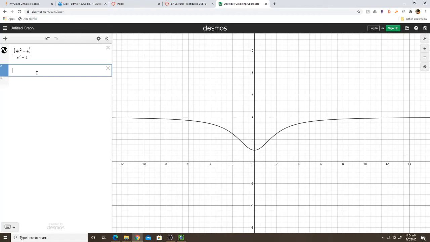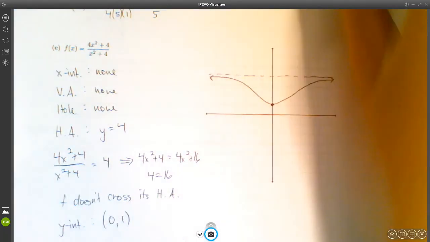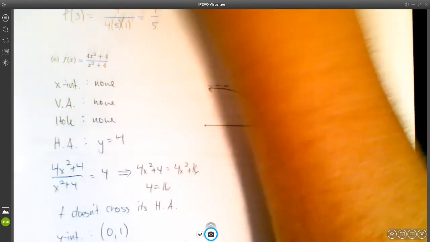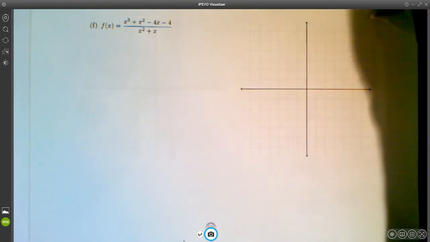And we have y equals 4 as our horizontal asymptote. So there you go, right? So that's that one. And I think I've got one more. This last one better be an example where we've got an oblique asymptote, because we haven't really seen any good example of that. Yep. See, I know myself too well.